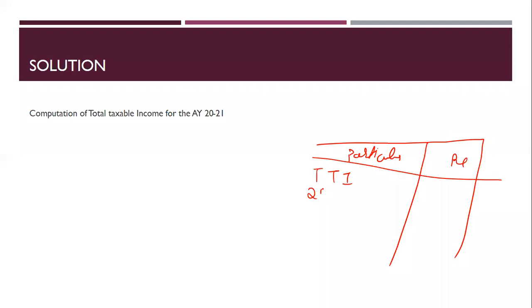It is 21 lakhs. Since we are using the flat rate, directly on 21 lakhs into 25%. On 21 lakh, 25% is how much? 5 lakh 25,000. Sorry.